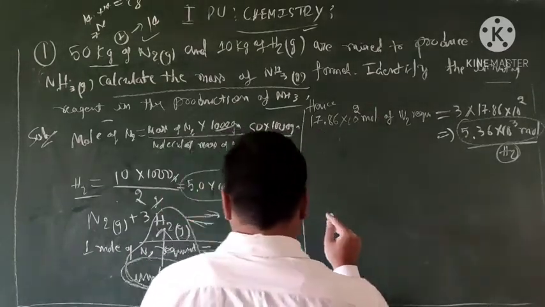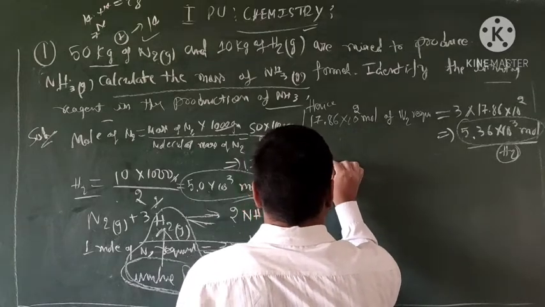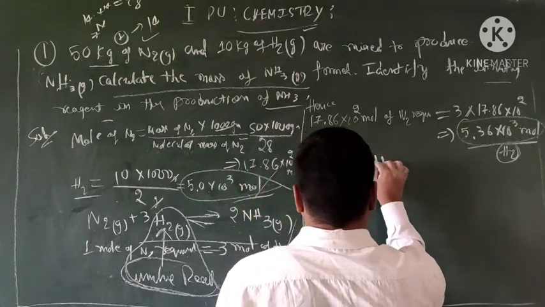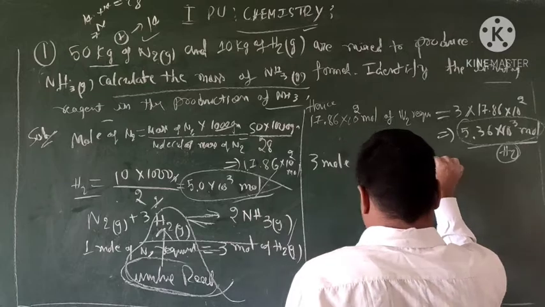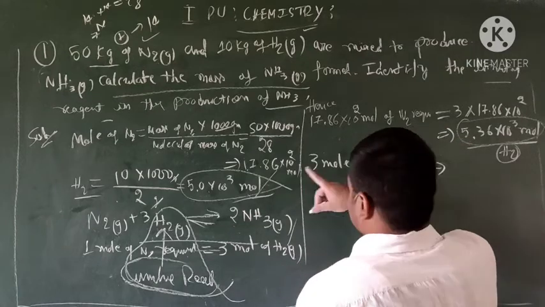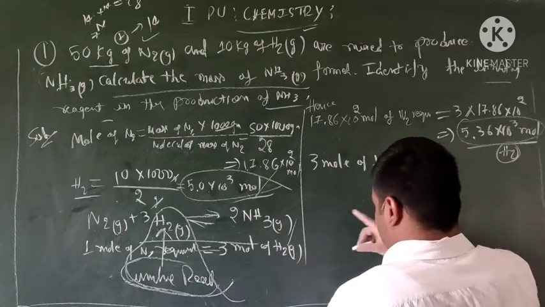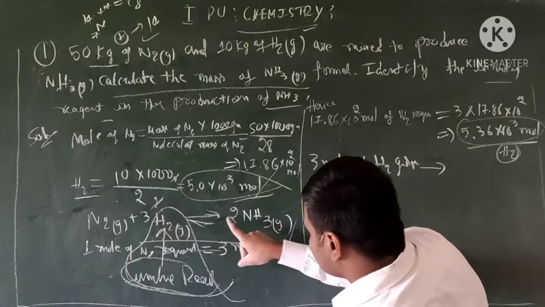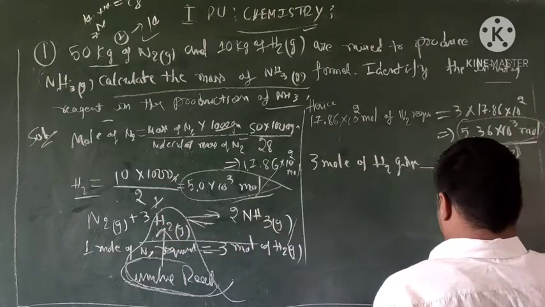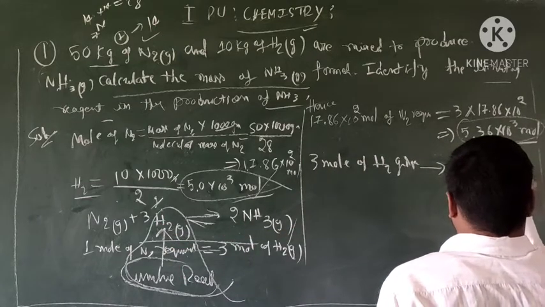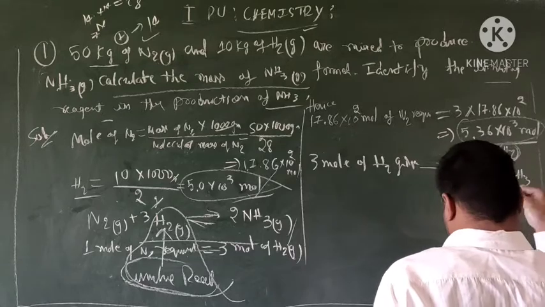So now, going to the 3 moles of H2. 3 moles of H2 gives what? 3 moles of H2 gives 2 moles of ammonia.